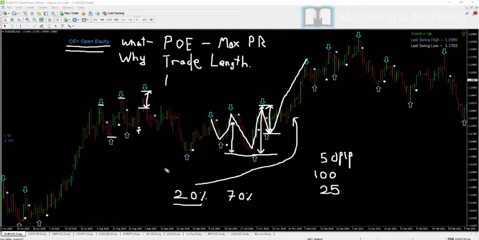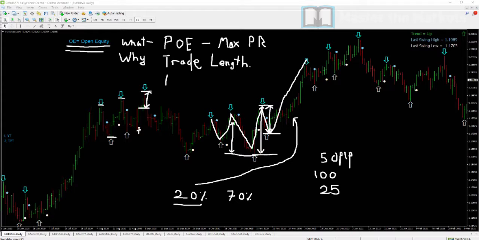As I said, from the point of entry to the maximum point reached, and then we quantify the results. Depending on where your entry is, whether it's at the close of the confirmation bar or on a primary swing, whichever rule you're using on your strategy, that's where you measure from and to the maximum point reached. That's open equity.